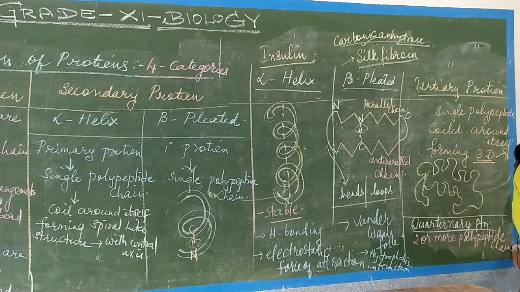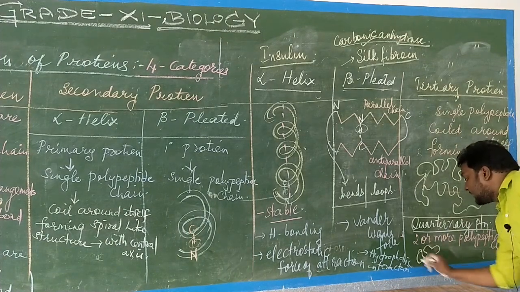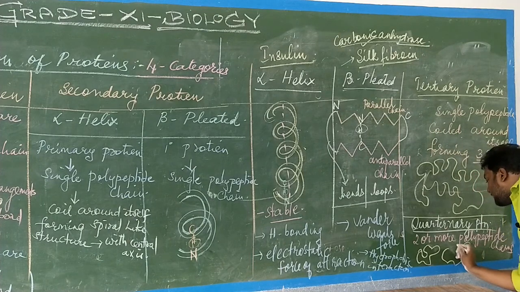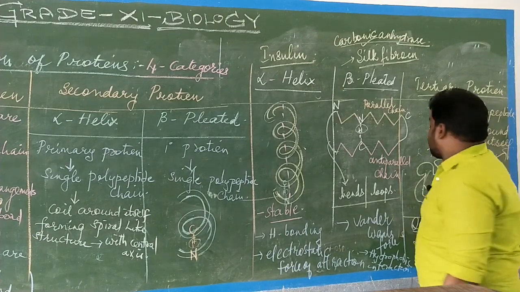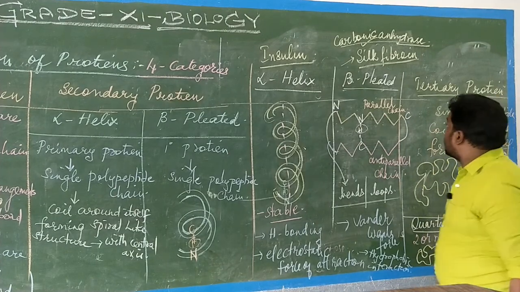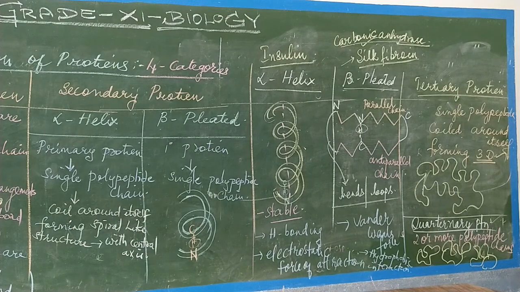Say for example, this is one polypeptide chain, this is another polypeptide chain, and this will be another. Two or three polypeptide chains will be coiled around itself, giving rise to the formation of a quaternary protein structure. For tertiary protein, a single polypeptide chain will coil around itself, giving rise to the formation of tertiary structures.